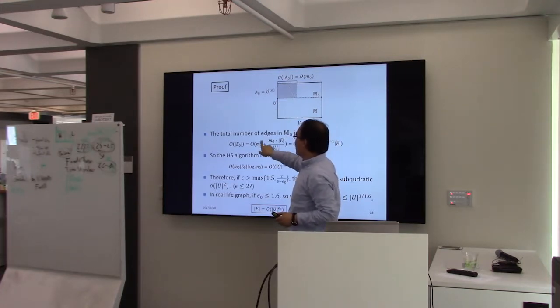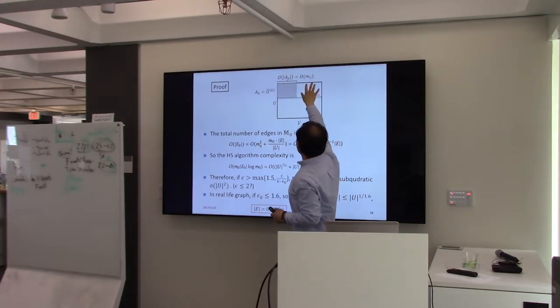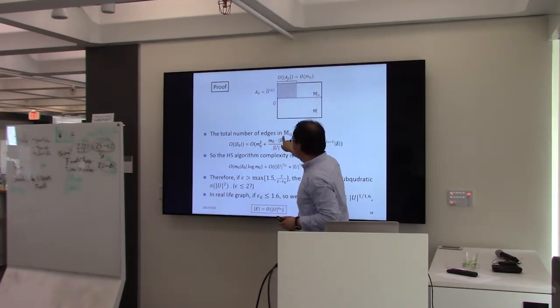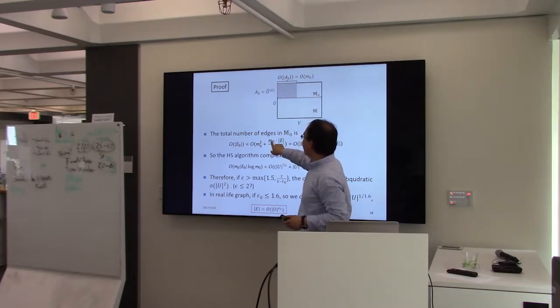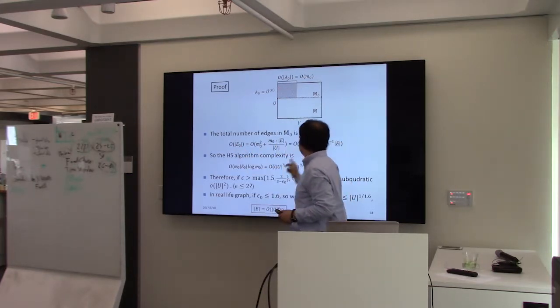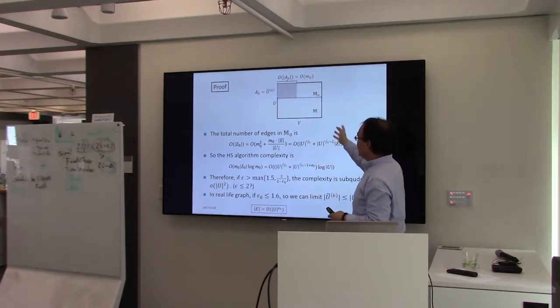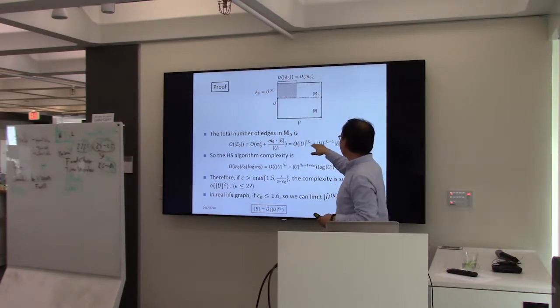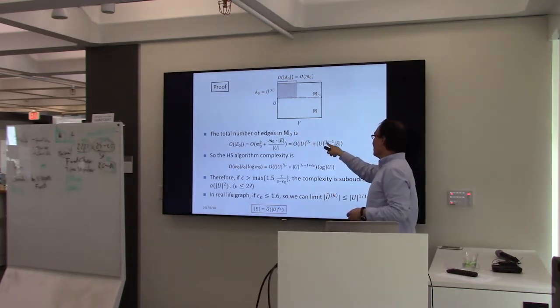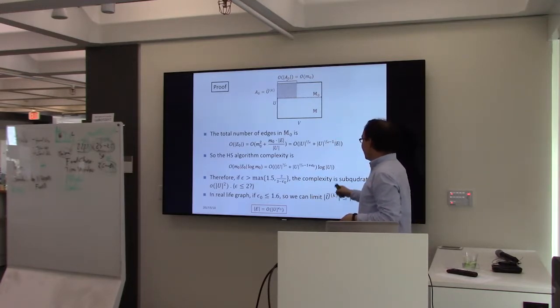So it will be M0 squared edges. For the other part of the subgraph, we assume it has similar density to the whole matrix, so this is the average density multiplied by M0. So the total number of edges E0, if we input our assumptions, is U to the 2 over epsilon plus 1 over epsilon minus 1.